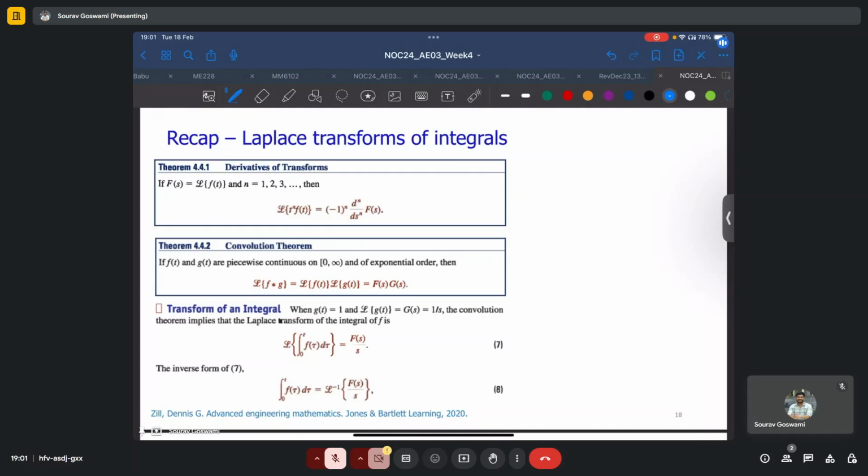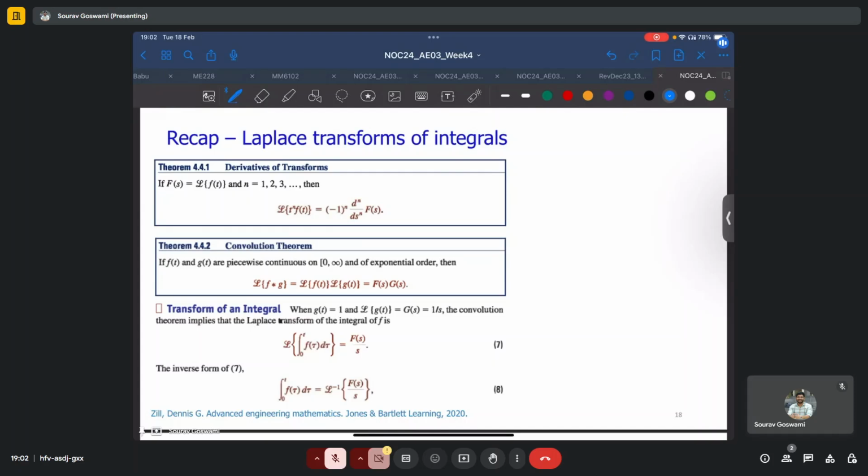We also have the convolution theorem, which Professor Day also discussed during this week's lecture, being that if f of t and g of t are piecewise continuous on the domain 0 to infinity and of exponential order, if you remember what that is, then the Laplace transform of the convolution of f and g is equal to the Laplace transform of f of t times the Laplace transform of g of t, equals the product of F of s and G of s.